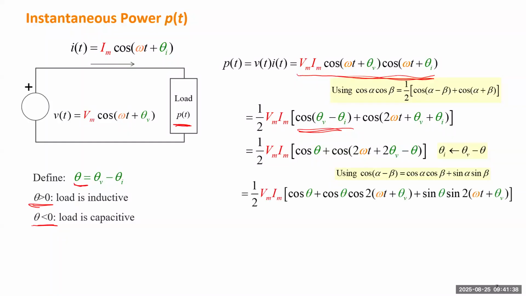So the first item will be the cosine of this angle multiplied by the cosine of this angle, plus, because you notice the sign changes from negative to positive, a product of two sine functions of the first angle and the second angle.